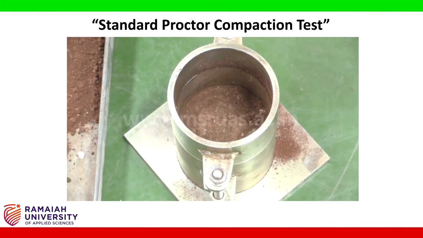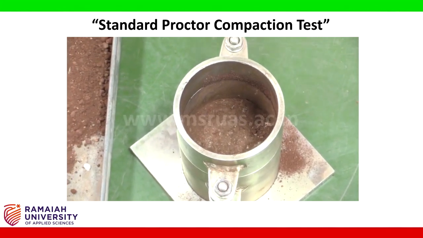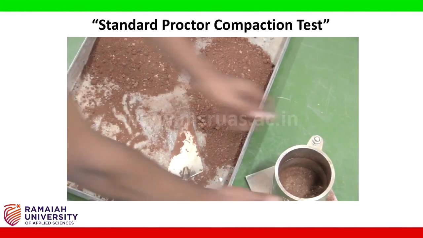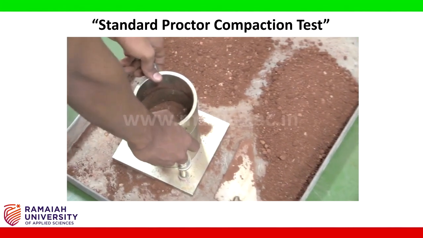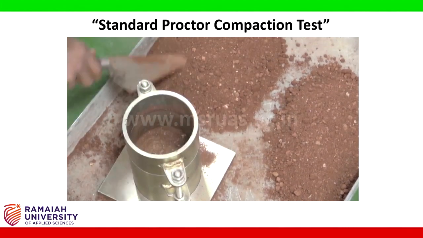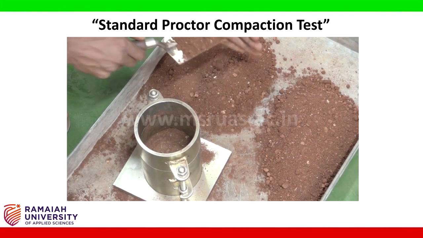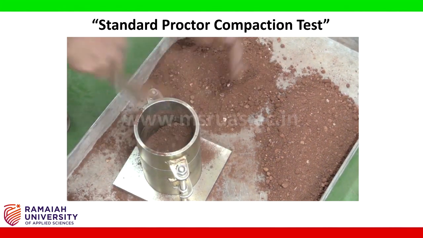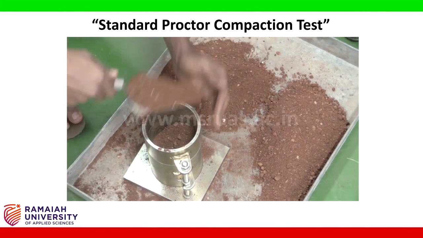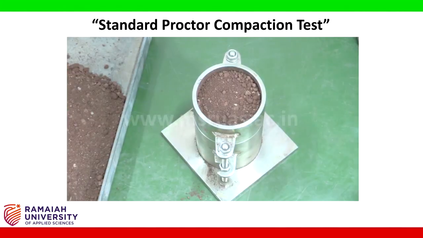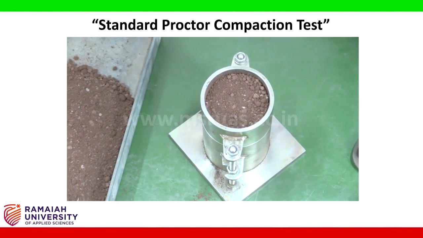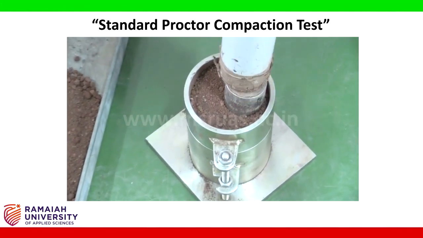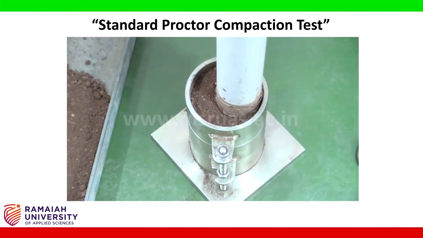After compacting it with 25 blows, we will fill the next layer of soil sample in the cylindrical mold. After filling the second layer, we have to compact that layer again for 25 blows using the 2.6 kg rammer.